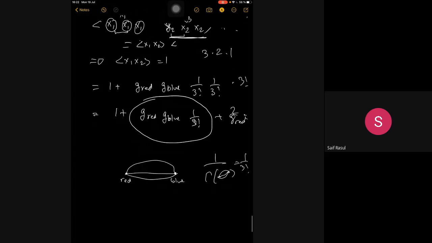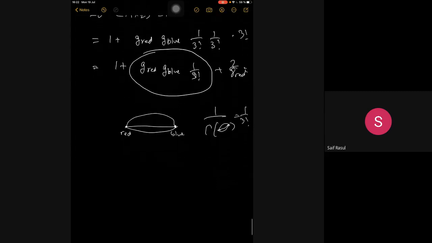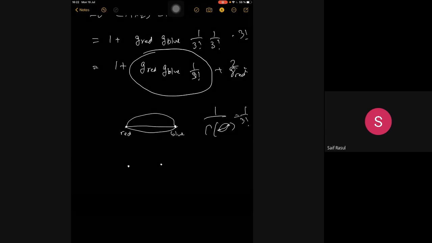So previously, if you remember, when we couldn't distinguish them, what was the scenario again? Can you tell me, Saif, what would happen if we couldn't distinguish them? Here we can distinguish them by saying some of them are red, some of them are blue.